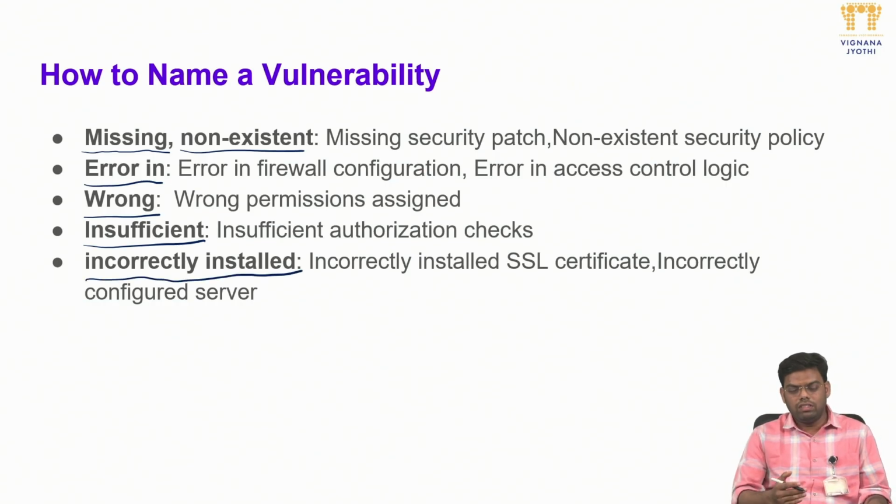These terms can be used in different situations for different purposes. For example, a missing security patch or security update, or a non-existent security policy or security regulation. Likewise, we have different names to be used in different situations.